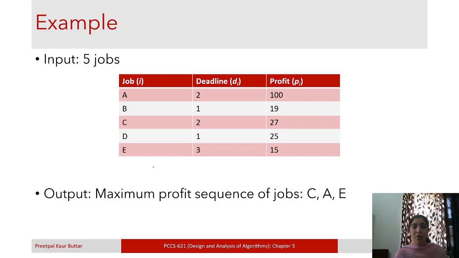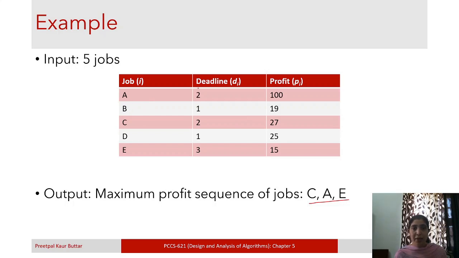So how should we pick up these jobs so that we get the maximum profit? This problem has a particular solution: pick the jobs C, A and E to maximize the profit. Let us look at this problem more deeply.